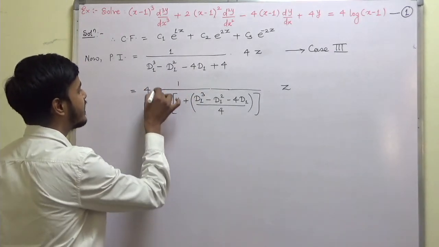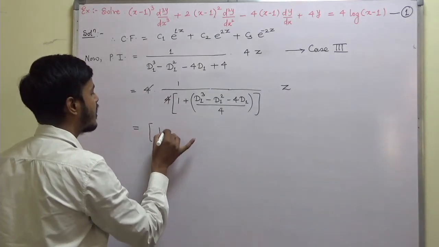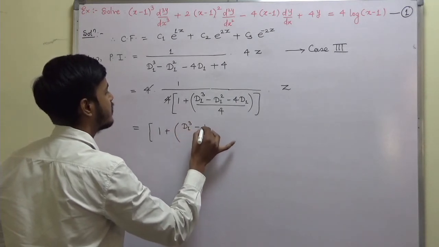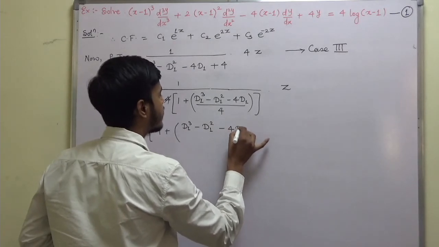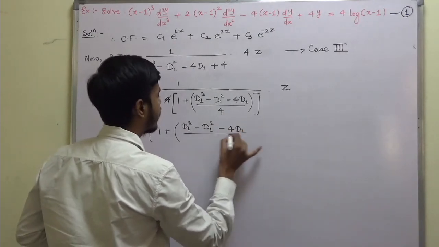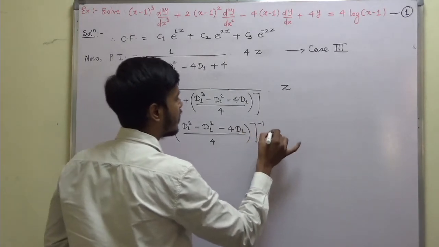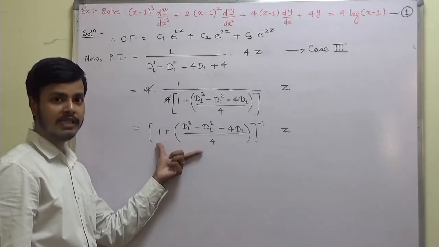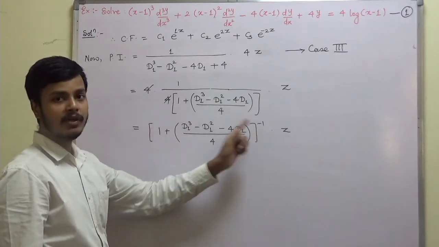So this 4 gets cancelled with this 4, and we get 1 plus (D1 cube minus D1 square minus 4D1) upon 4, to the power minus 1, into z. Now you have to expand this. Do you remember the binomial expansion for (1 plus u) to the power minus 1?